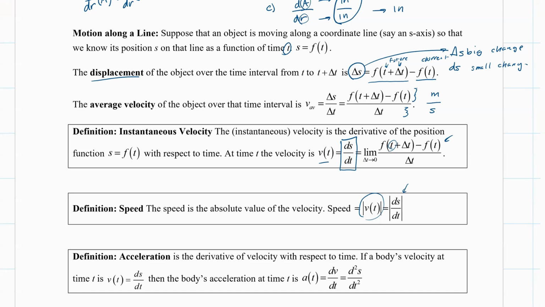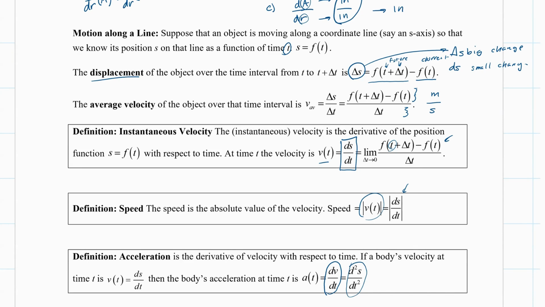The third thing we're going to add to this list is acceleration. Acceleration is the rate of change in velocity with respect to time. So we can think of acceleration as the change in velocity with respect to time, or, since velocity is the first derivative of position with respect to time, it is the second derivative of position with respect to time.